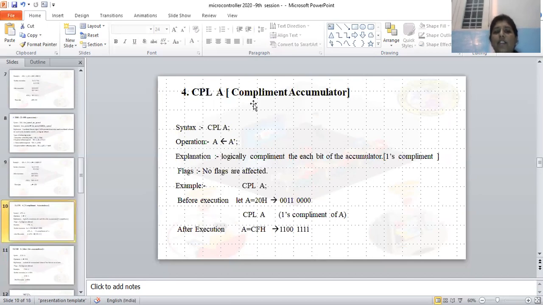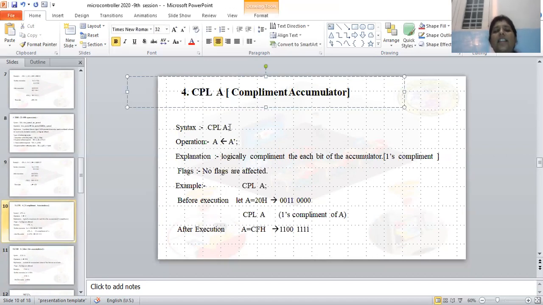Coming to the next instruction of the logical instruction set: CPL A, that means complementing the accumulator content. The syntax is CPL A. After execution of CPL A, it will complement the accumulator content, and the result will be stored in the accumulator only. Consider an example: before execution, let A be equal to 20H.